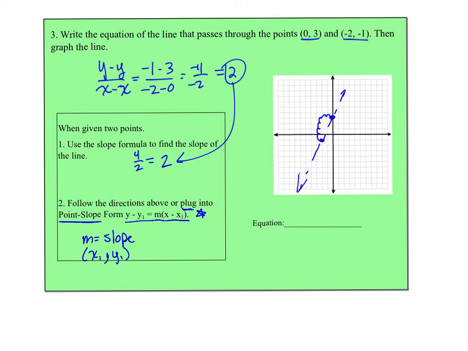So what I will write is, I'll take an easy point. I will use 0, 3. I will write y minus 3 equals my slope times x minus 0.